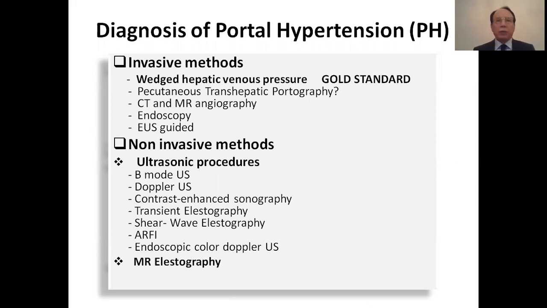Gold standard methods for assessing portal hypertension include the measurement of hepatic venous pressure gradient, endoscopy, CT, and MR angiography. But they are invasive, expensive, and not available at all centers. Therefore, non-invasive alternatives have been the subject of extensive investigation.